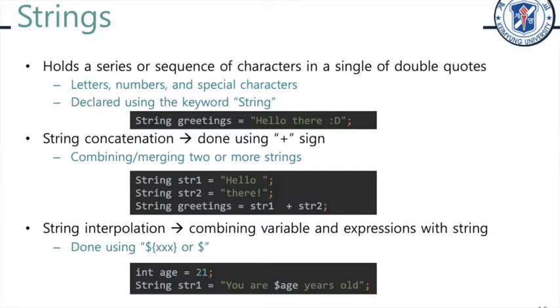So for instance, you have an integer variable which is age, and you want to display the person's age. In that case, you can put a dollar sign and the variable name inside a string. When you print this, it will say you are 21 years old.